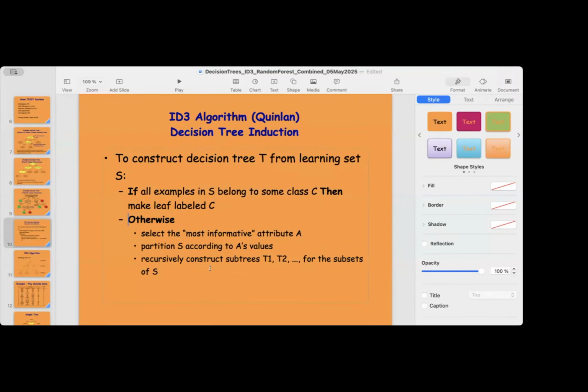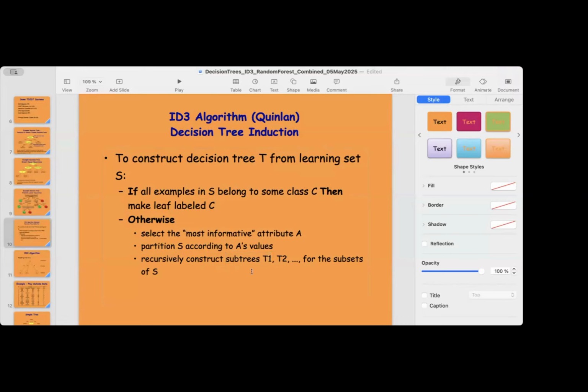Otherwise, if that is not the case, select the most informative attribute and split the tree, or partition the data, according to the values of that attribute to create a subtree. From there on, we just repeat this algorithm.